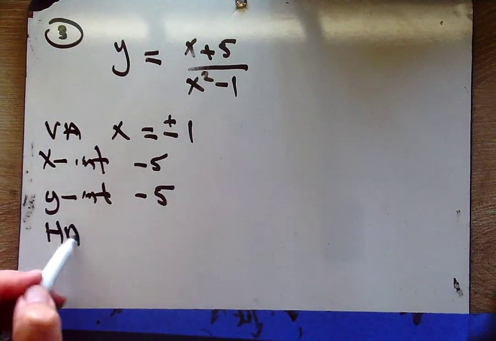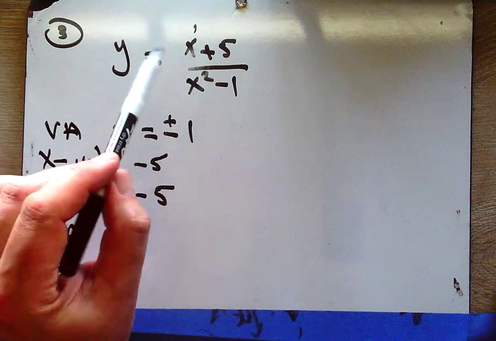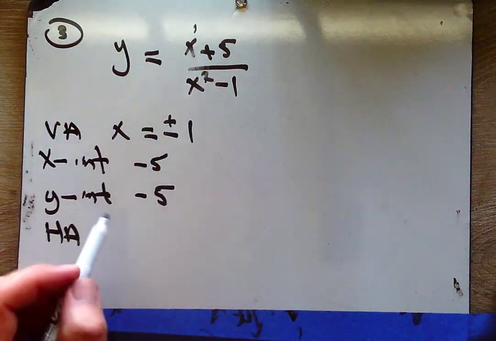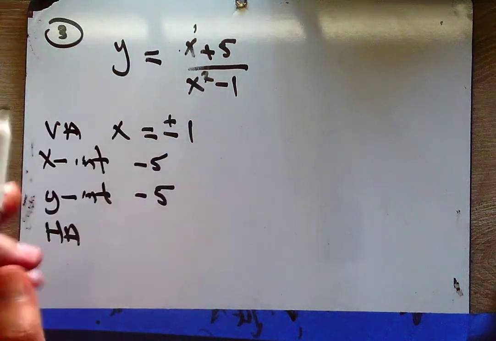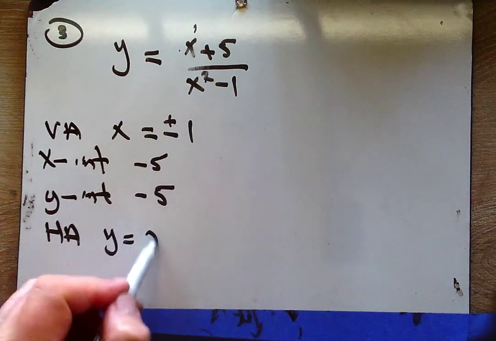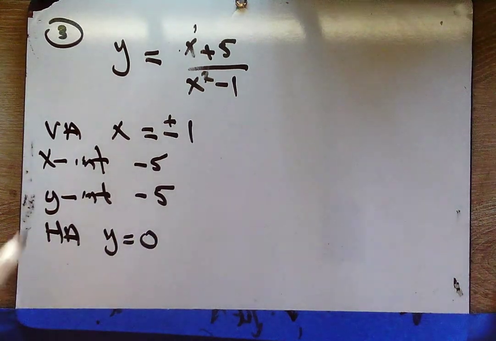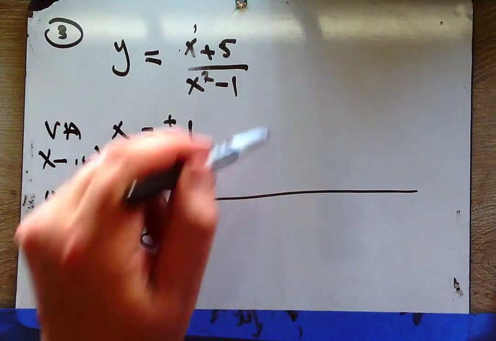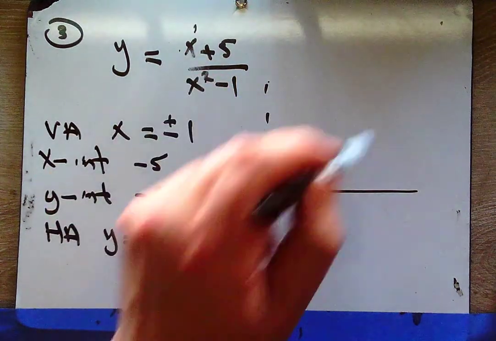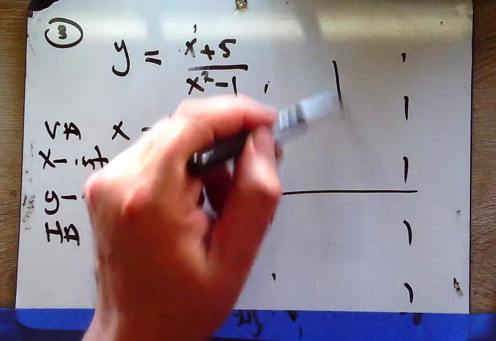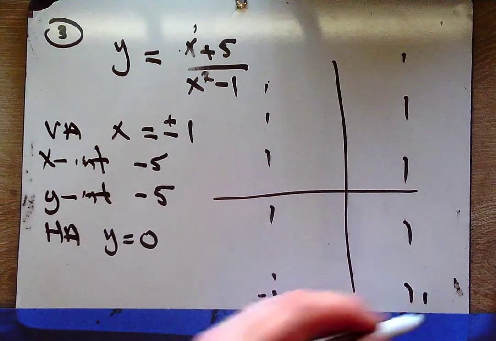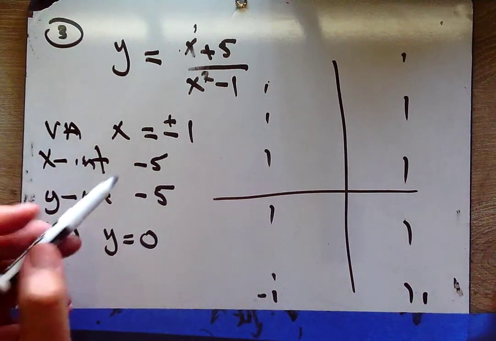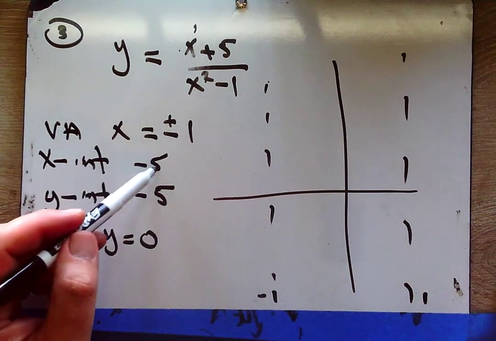And horizontal asymptote, since the degree here is 1 and the degree here is 2, we know the degree on top is smaller than the degree on the bottom, and so we say y equals 0. All right, so what's our graph look like? Well, we got a vertical asymptote at -1 and 1. We have an x-intercept at -5.